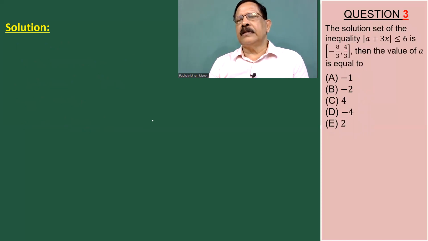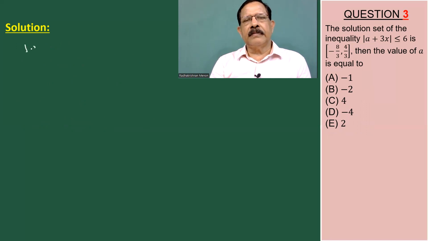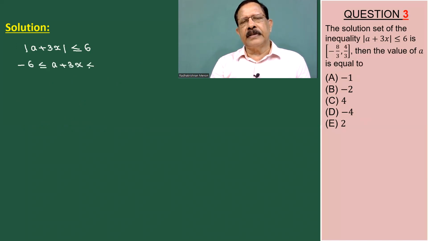The solution set of the inequality, same modulus: |a + 3x| ≤ 6. Now, same property we are using: -6 ≤ a + 3x ≤ 6. Find out the interval in which x lies.